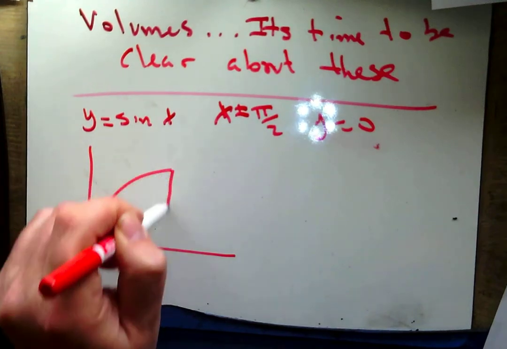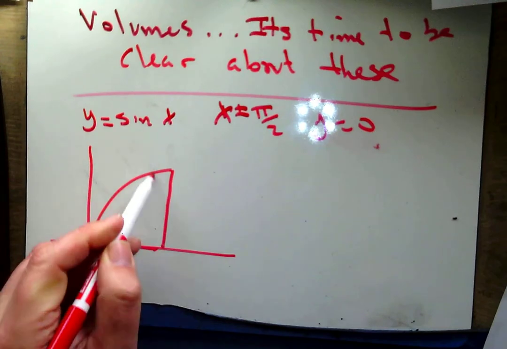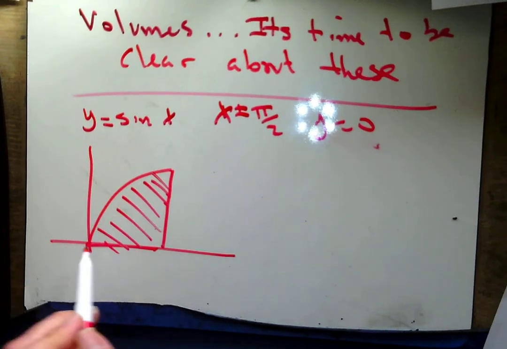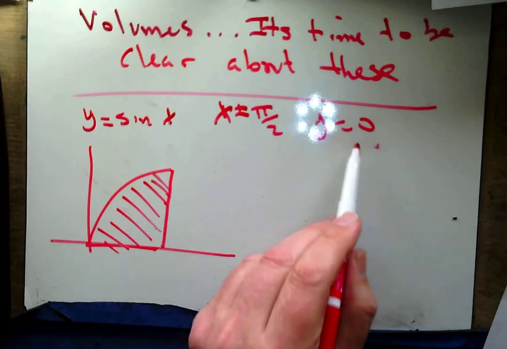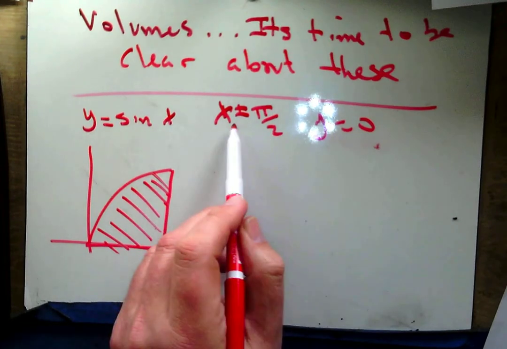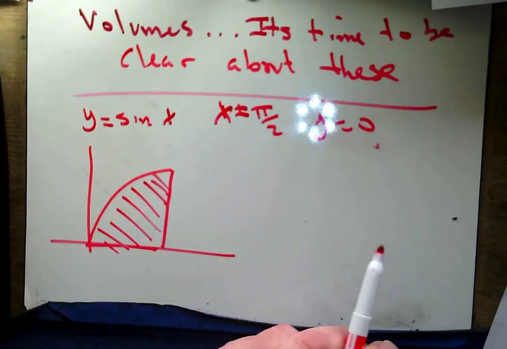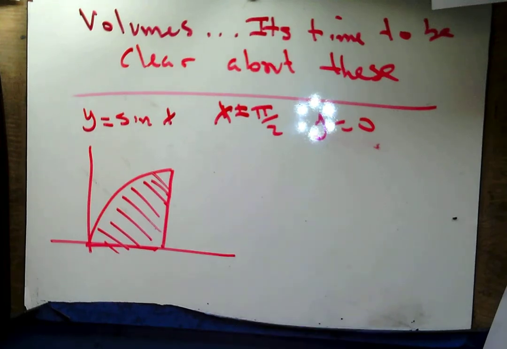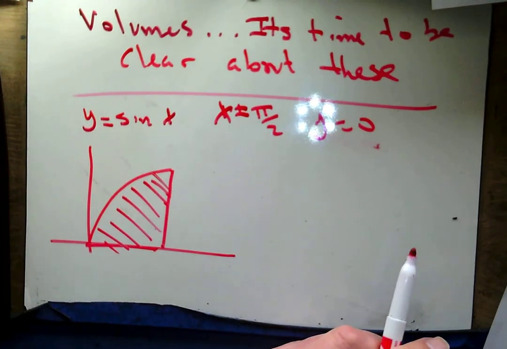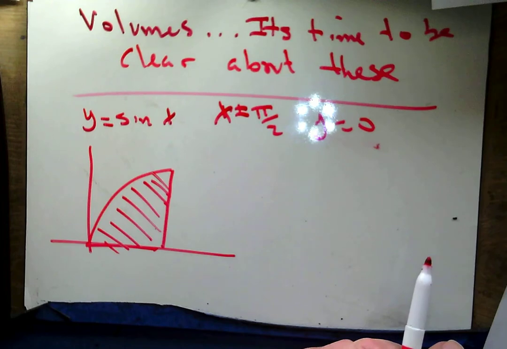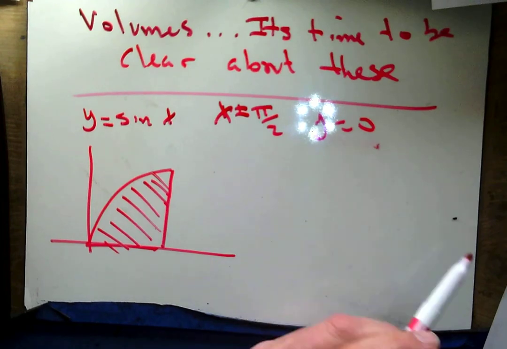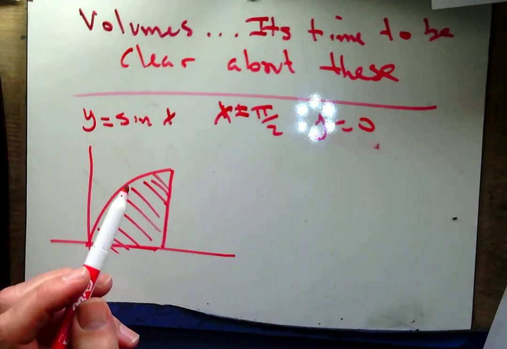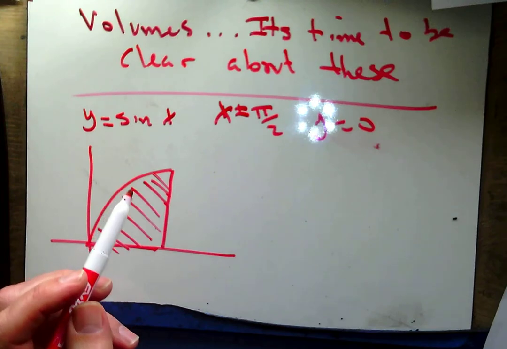This is our region. It's bounded by sine x, it's bounded by y equals 0, and it's bounded by x equals pi over 2. Okay, when this region is spun around the y-axis with washers, would this be a dx or a dy integral?